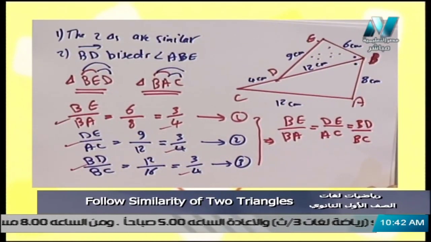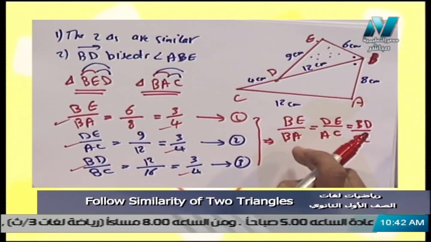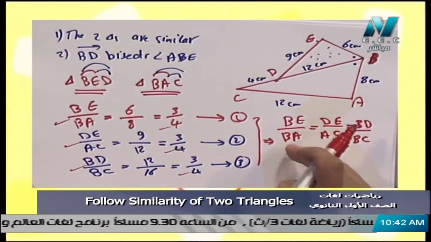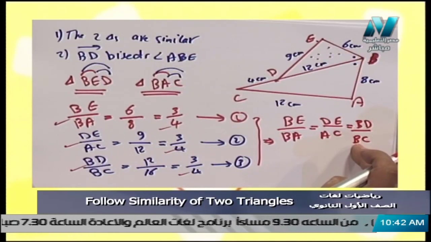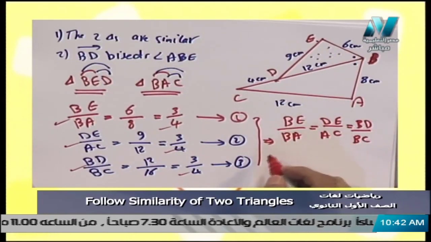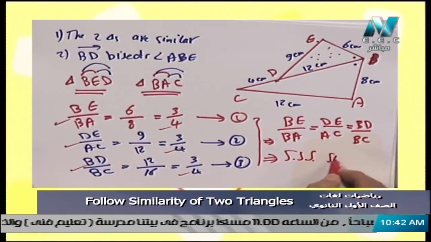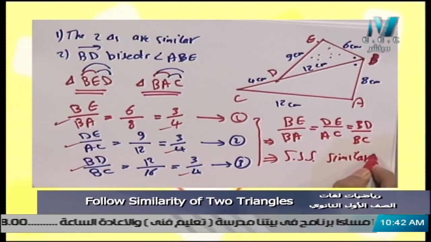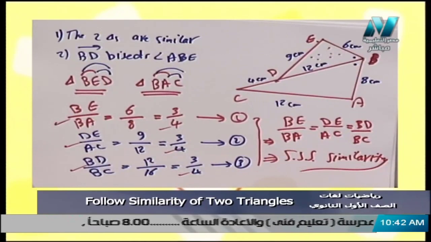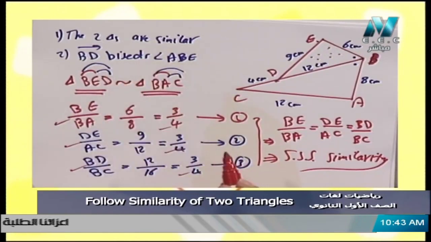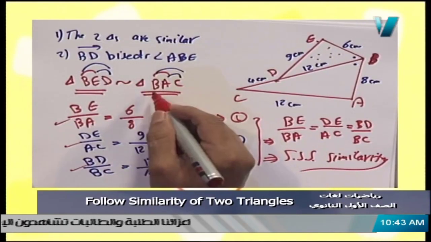Now each two corresponding sides are proportional. So by the SSS similarity case, we have proved that triangle BED is similar to the other triangle, which is BAC.